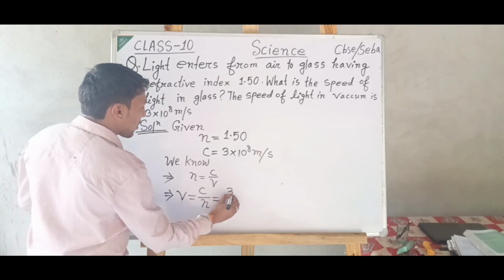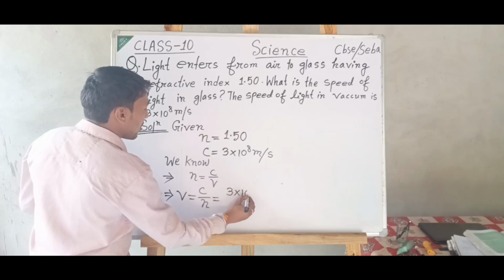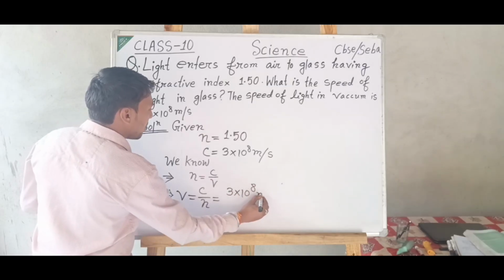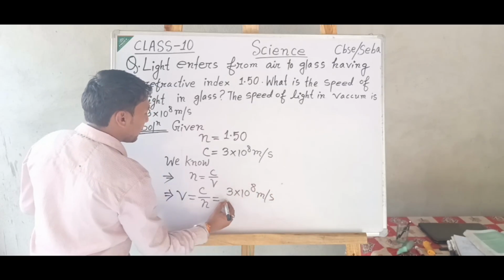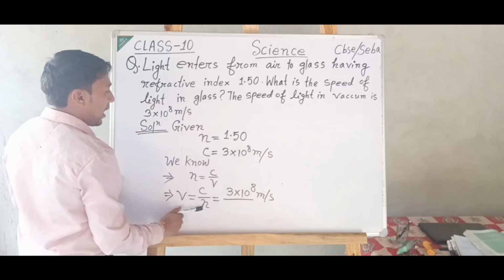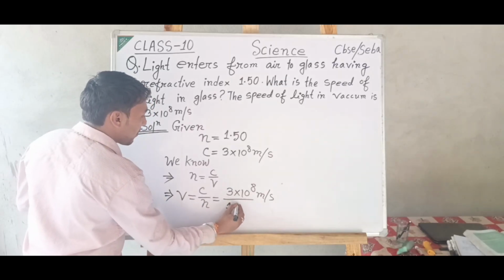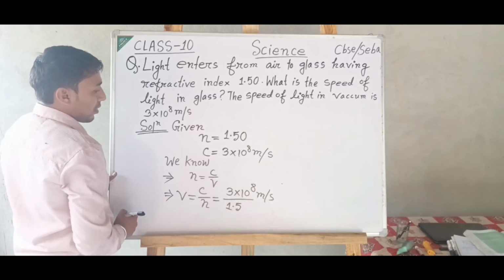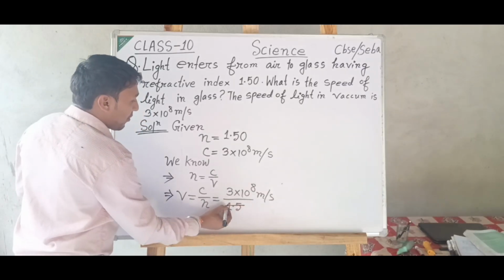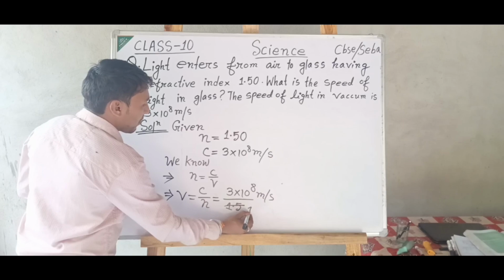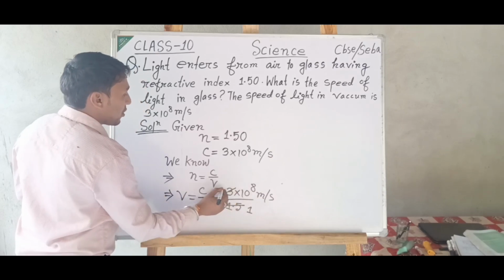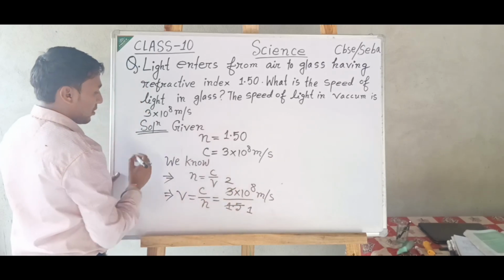C means 3 into 10 to the power 8 meter per second. N means 1.5. Now 1.5 one time is 1.5 and 1.5 two times is 3.